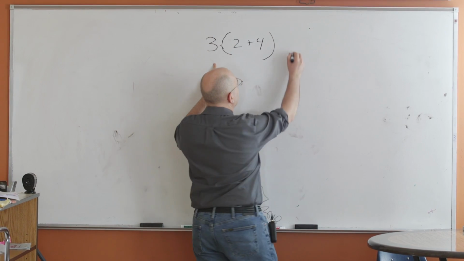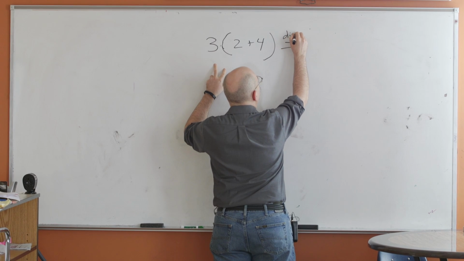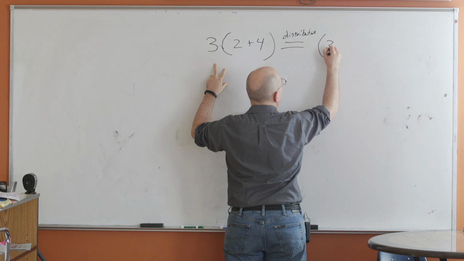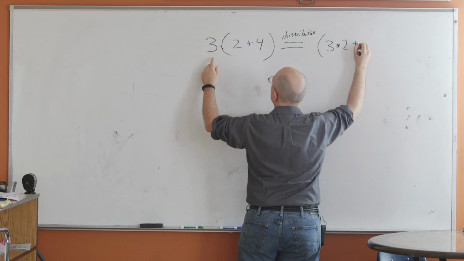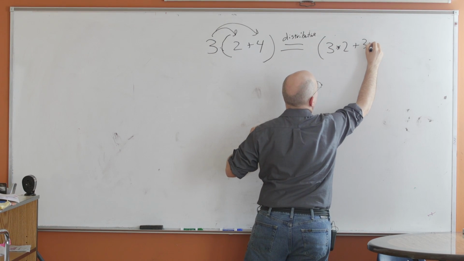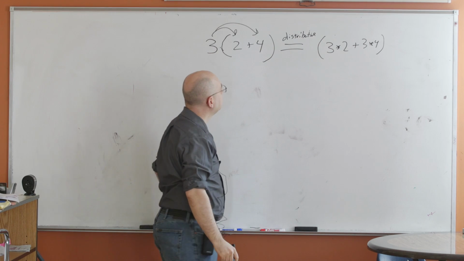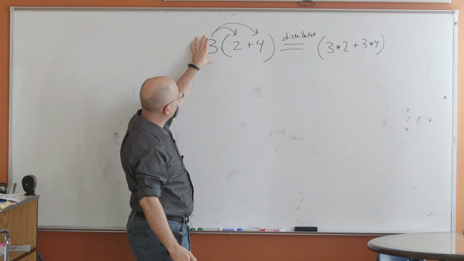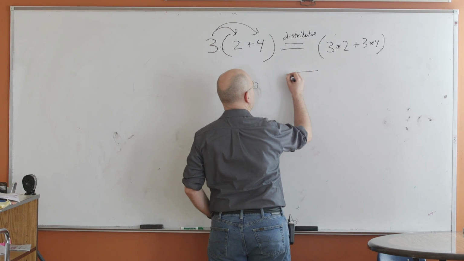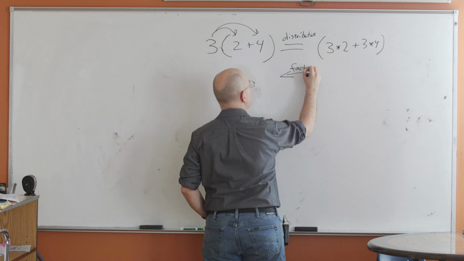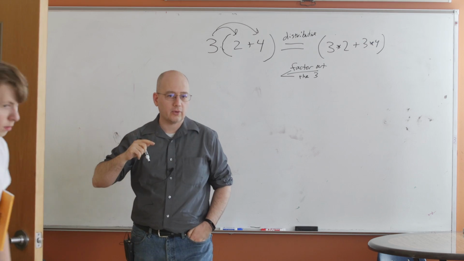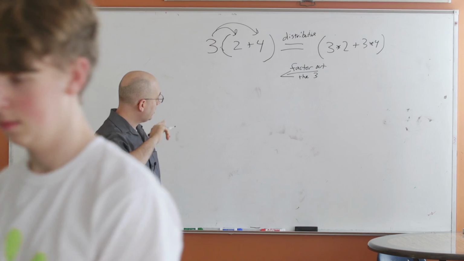The claim, the distributive rule, is that this is the same as if you were to distribute the 3 inside the parentheses, like that. So you can distribute a factor outside of parentheses in. Going this way, you can also factor out the 3. Both directions are important to have in mind.